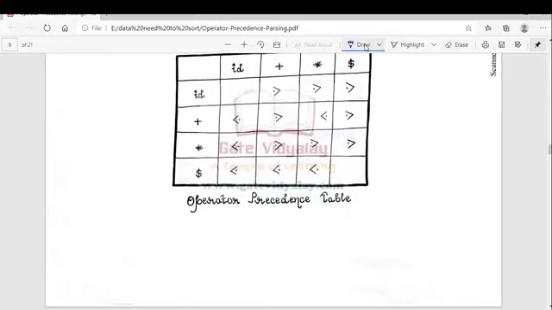We have a string id plus id multiplied by id, and at the end we have a dollar sign. The dollar sign should always be at its place.